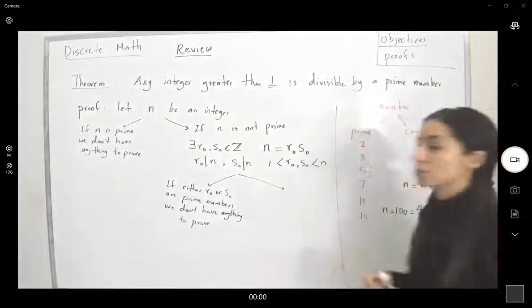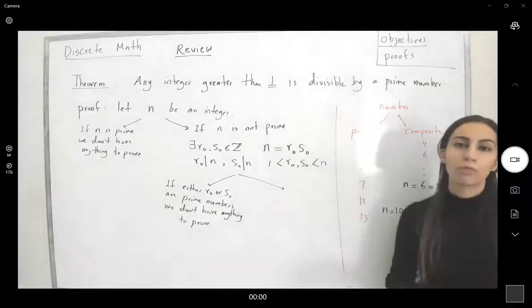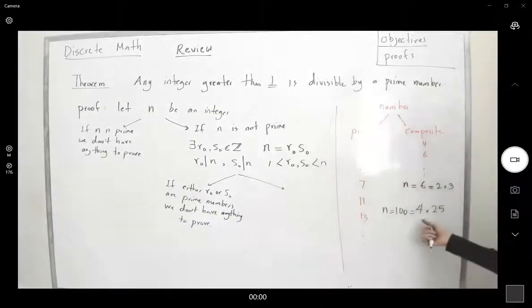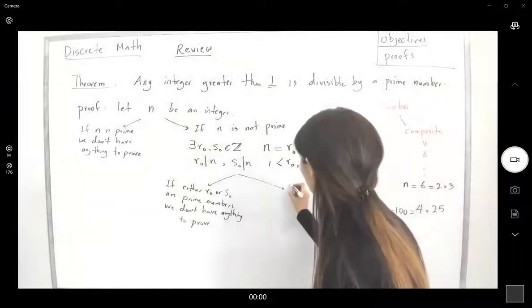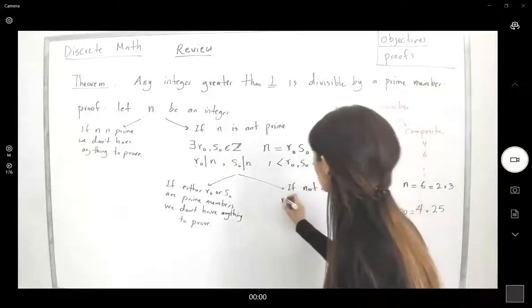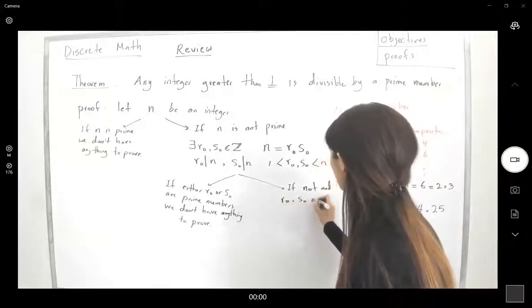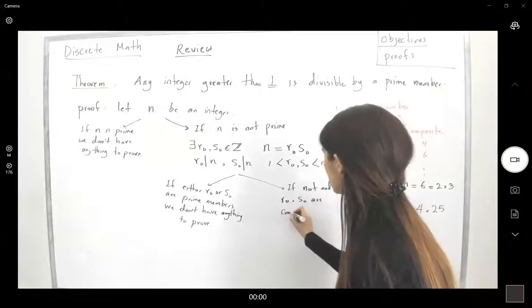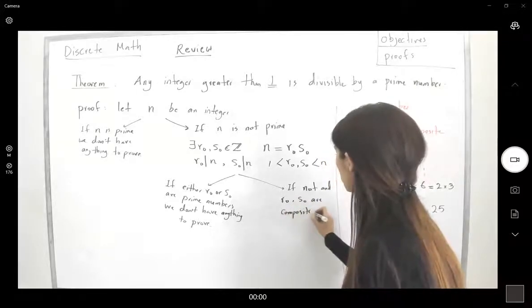What if r sub 0 and s sub 0 are both composite numbers, like this case, 4 and 25?